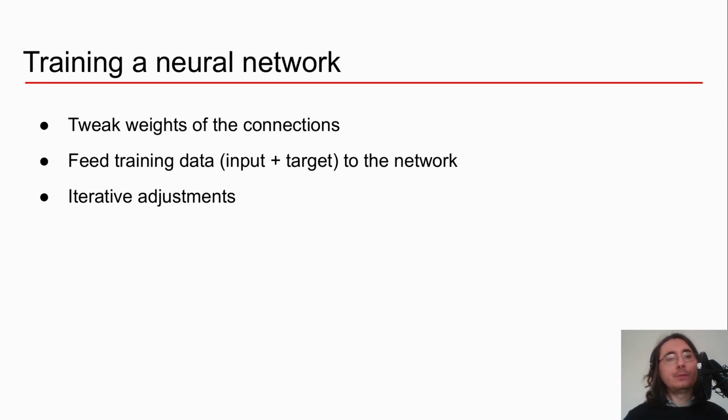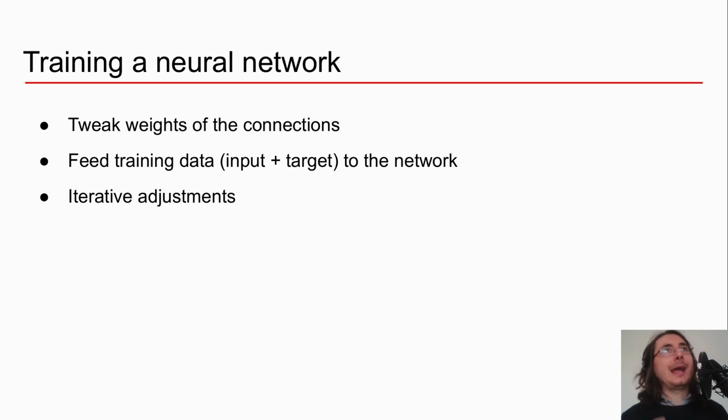So the high-level overview. What do we do when we train a network? Well, we basically tweak all the weights of the connections among different neurons so that we can have predictions that are really good. So how do we do that? Well, we basically feed some training data, so inputs and target values, to the network.